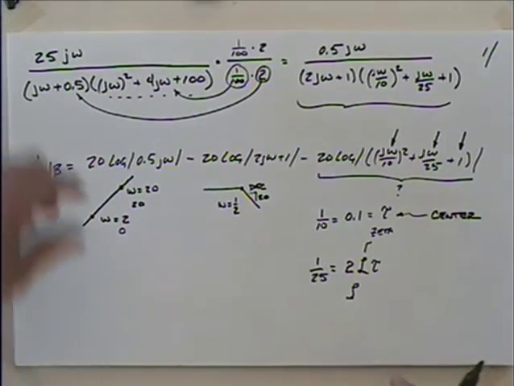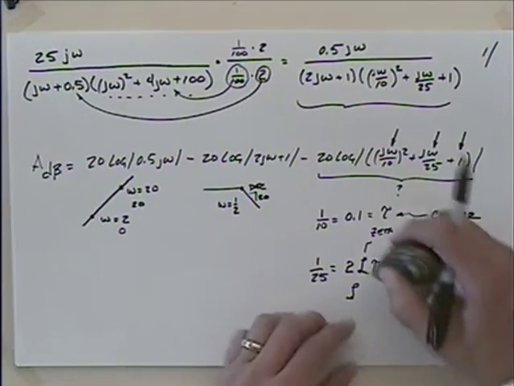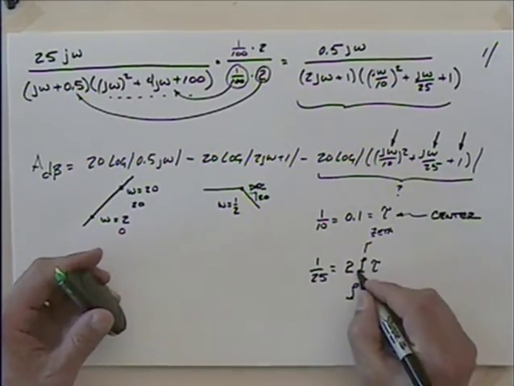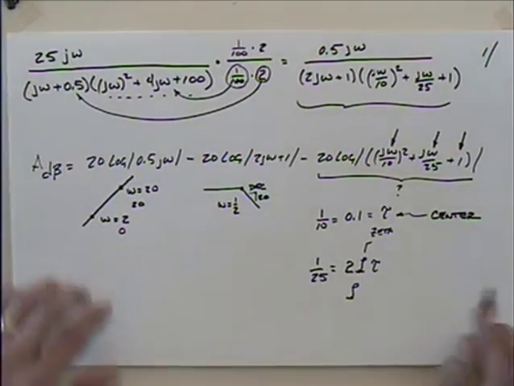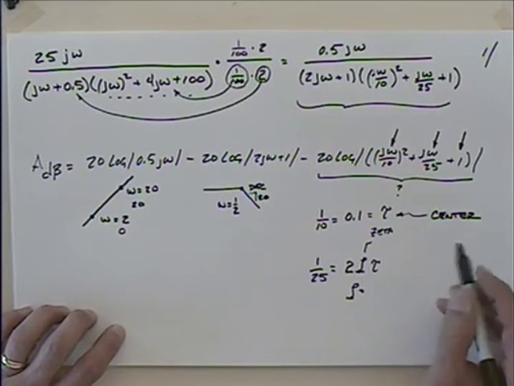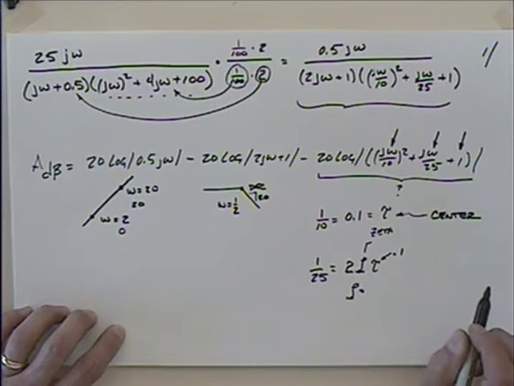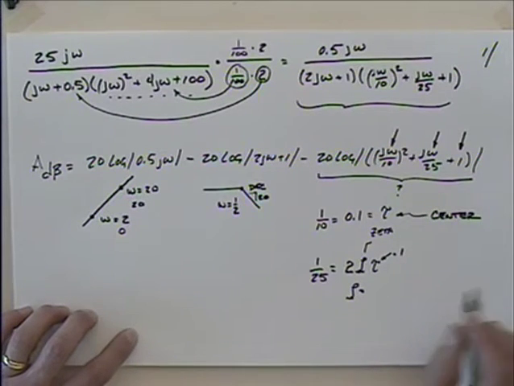I think zeta has a little more swoosh on the back side of it than I'm giving it. Okay. Because if I take this as 0.1, and I have 25, what does zeta have to be?